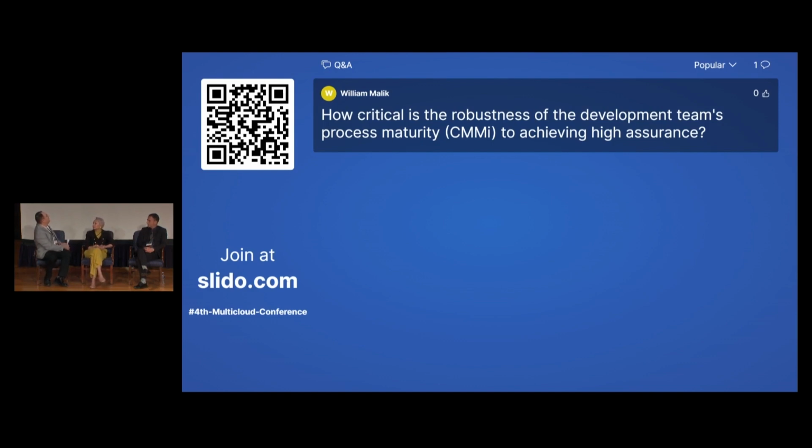This is asking really about the development team's process maturity, right? So I believe this is really focusing on those who implement the system according to the requirements. And while I'm not well versed in CMMI, I know with any framework like that, you do want a team and a process that is going to understand the requirements well.